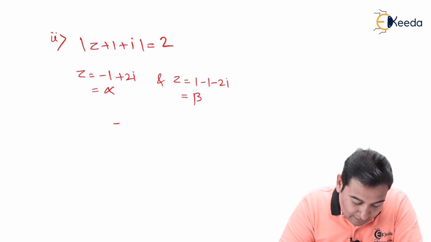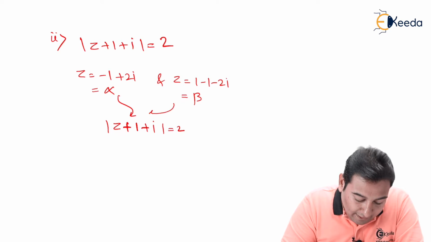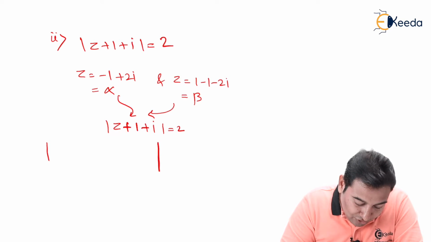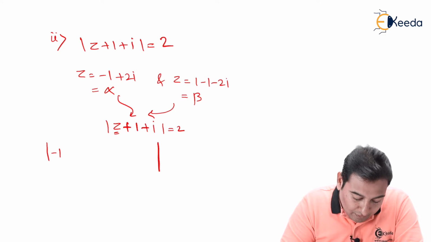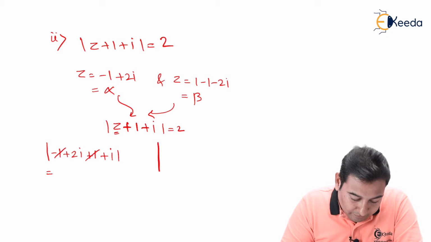If you put alpha in place of z, -1 plus 2i plus 1 plus i, this will be cancelled and you will be left with 2i plus i, that is 3i.